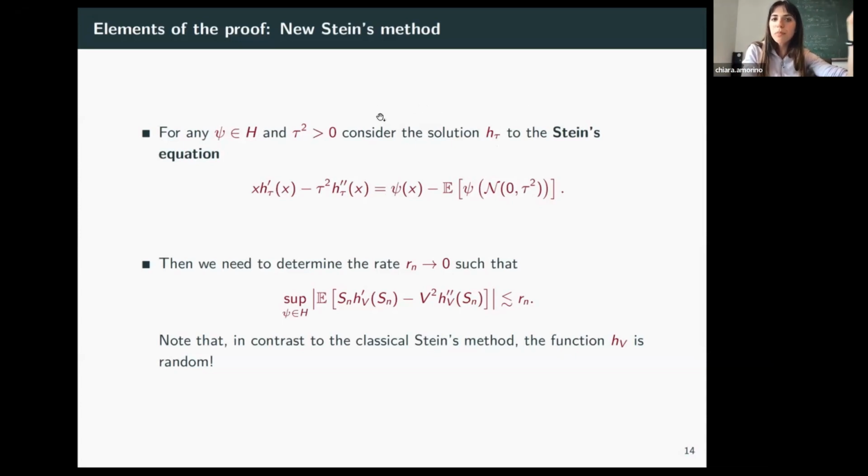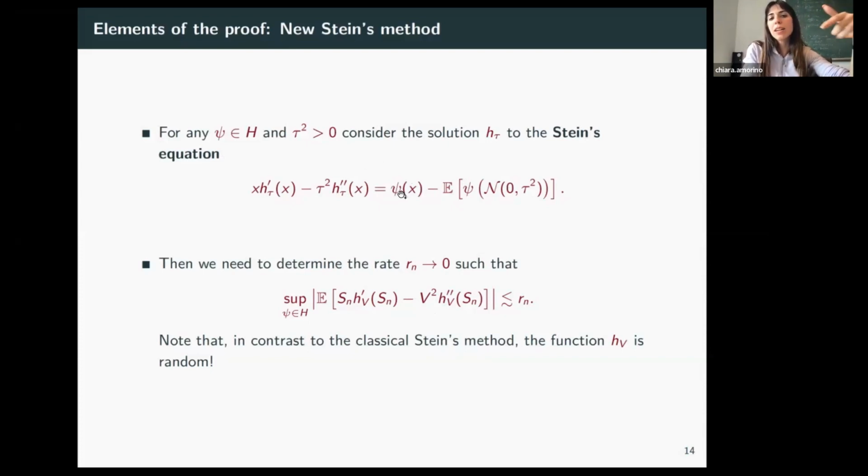But for us, this is going to be a bit more complicated because we are proving the convergence to a mixed Gaussian. So this tau that you see over here for us is going to be a V that is random. So the variance is going to be random. And it means that basically the classical Stein equation written here is going to be useful for us only once you take it in L1. So we take the Stein equation, but directly with the expectation from the beginning.